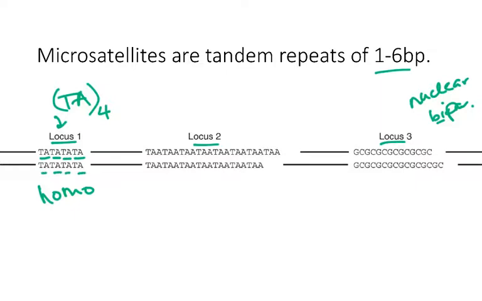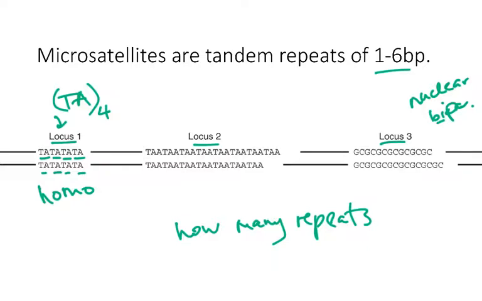And that's really the main thing that we're looking at in microsatellites, how many repeats there are. That's what we're concerned with, essentially what is the length of this particular microsatellite and how is it different either within an organism on these different chromosomes or between different individuals.